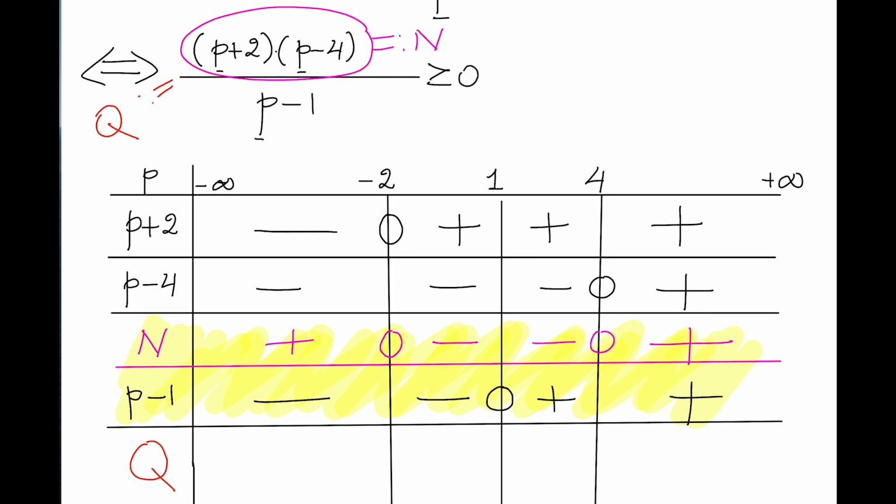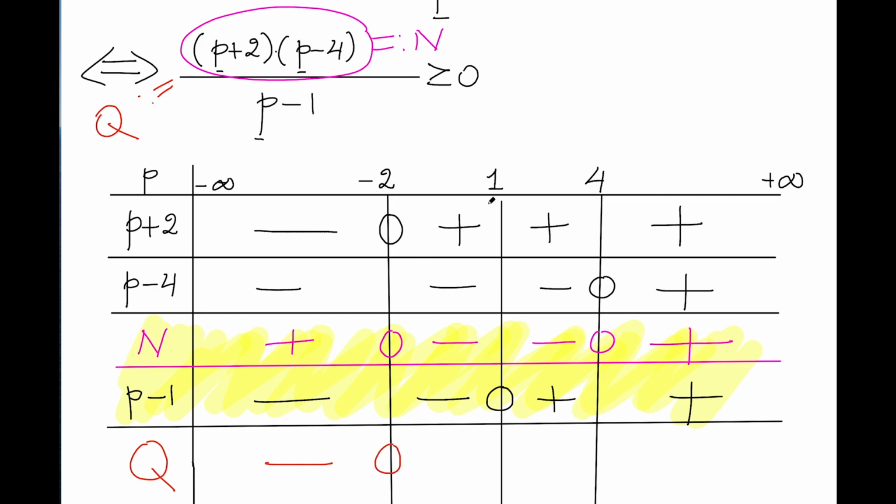So what I'm going to get is, when p is between minus infinity and minus 2, upstairs is plus, downstairs is minus, so the quotient is minus. At minus 2, upstairs is 0, downstairs not 0, so the quotient is 0 divided by non-zero, which is 0.